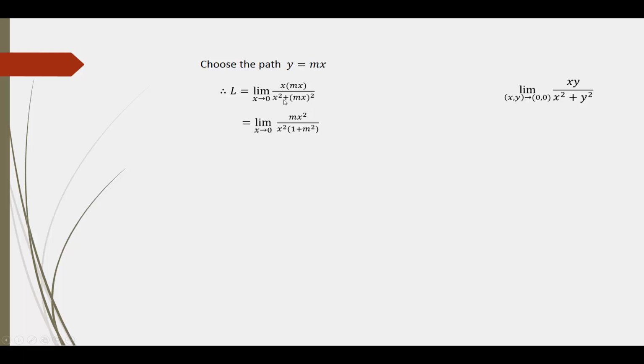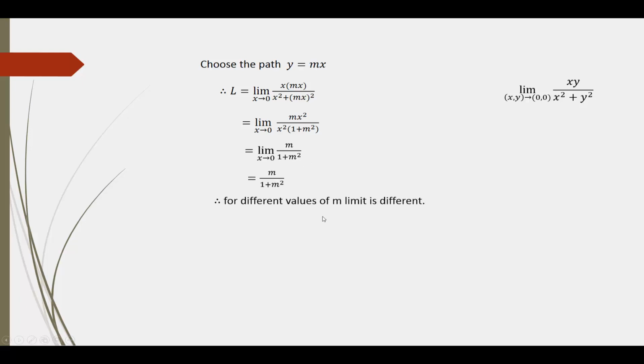So x square common, inside the bracket 1 plus m square. Then this x square cancels, and we get the limit as x tends to 0 of m upon 1 plus m square. Now m is constant, so this total term is constant and the limit of a constant is the constant, so it equals m upon 1 plus m square.